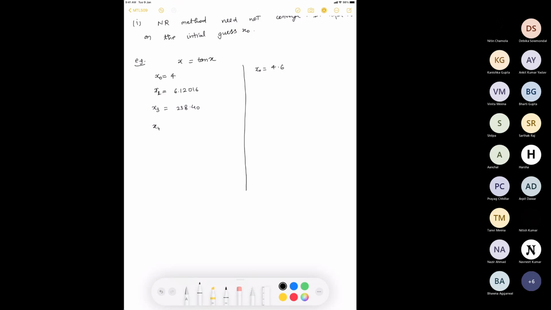The next iterates, x1, x2, x3, the next one is 1597.26. Okay, you can just verify it.